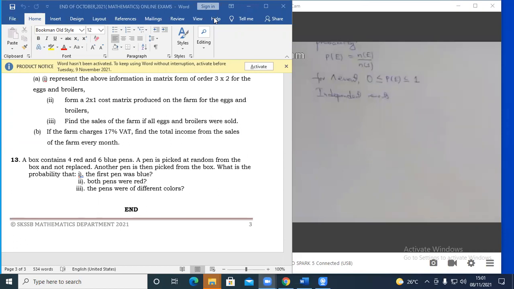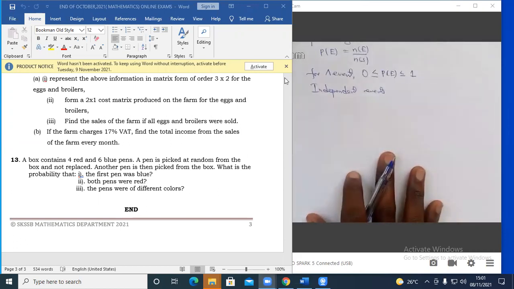What about dependent events? Dependent events mean the occurrence of one event depends on the other one. What are examples of this? For you to pass mathematics, you need to know English. You cannot do mathematics without English.